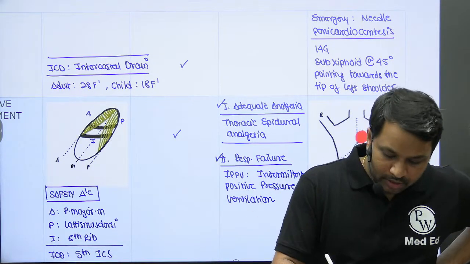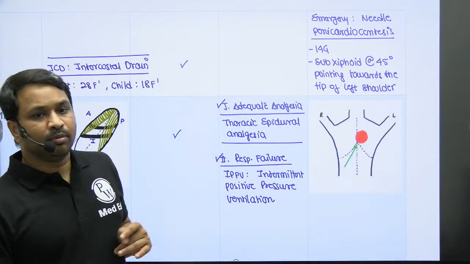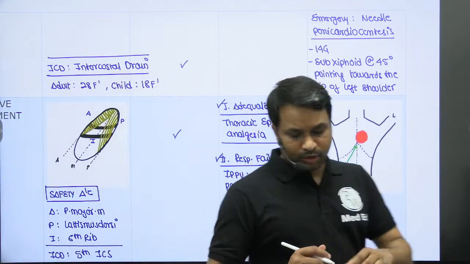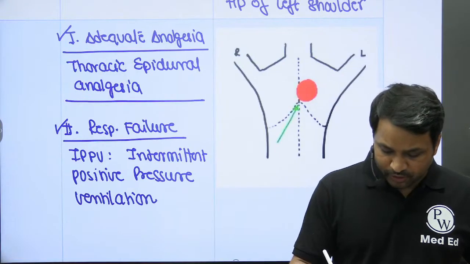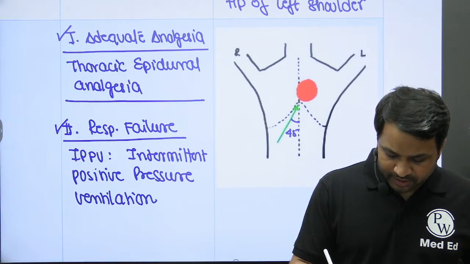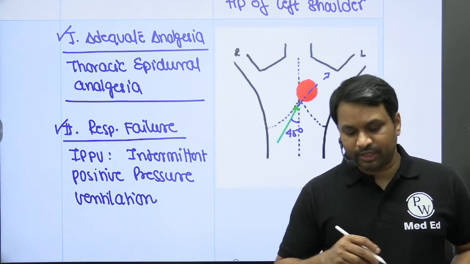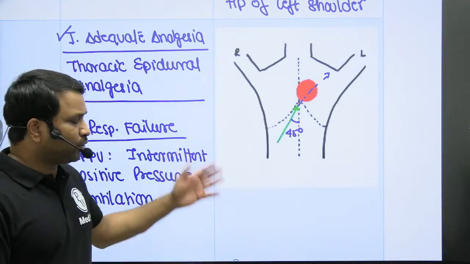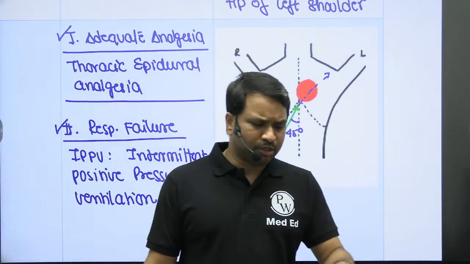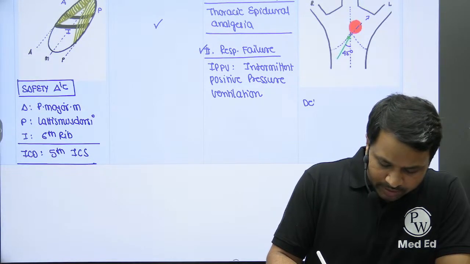Pointing towards the tip of the left shoulder. You can see here, this is subxiphoid at an angle of 45 degrees, and we're pointing towards the tip of the left shoulder, right? Again, it is questionable whether to do a pericardiocentesis or not, because the definitive management is pericardiotomy.